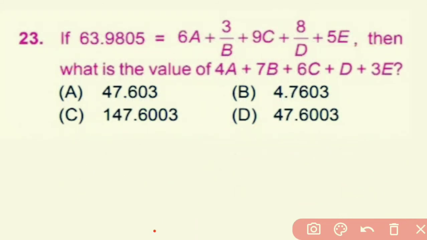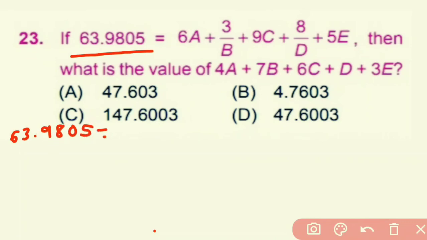Question number 23. If 63.9805 is equal to 6a plus 3b plus 9c plus 8d plus 5e, then what is the value of 4a plus 7b plus 6c plus d plus 3e? So here we first find out the expanded form of 63.9805.